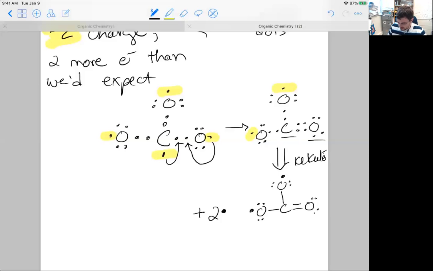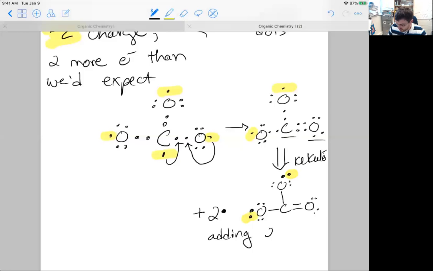So what we can do is add some dots to the holes in our structure, to the sites where we don't have a pair of electrons. I've added those new electrons at those highlighted positions, and we now have 2 new lone pairs.